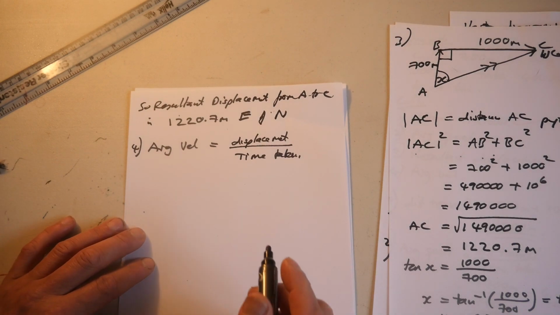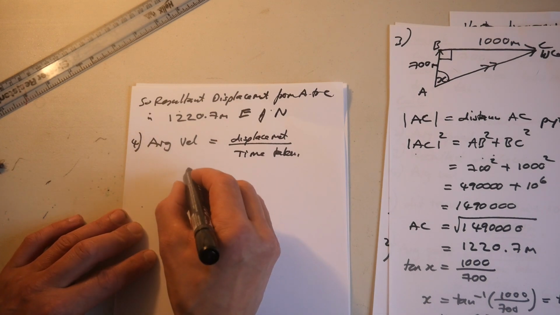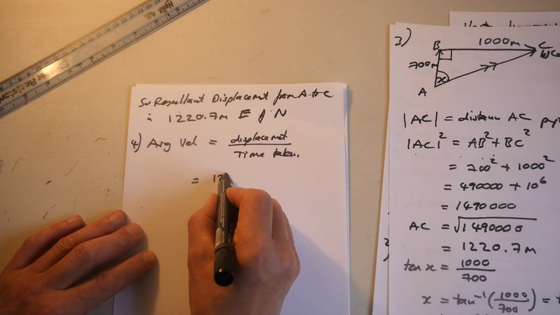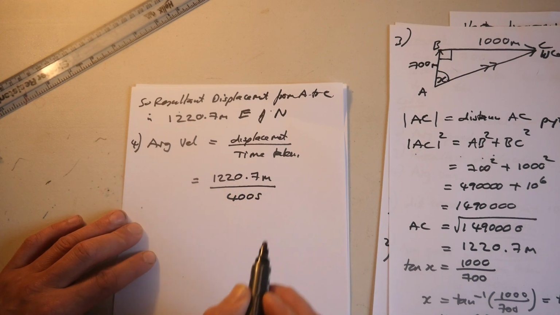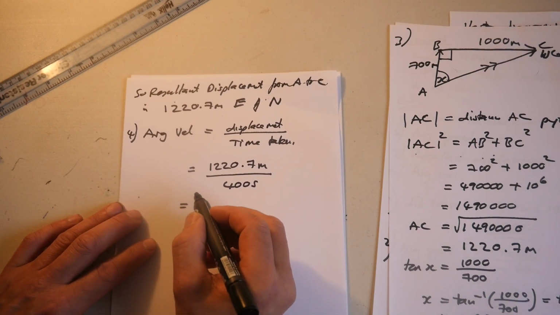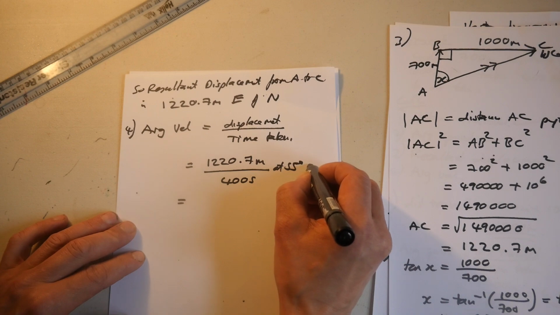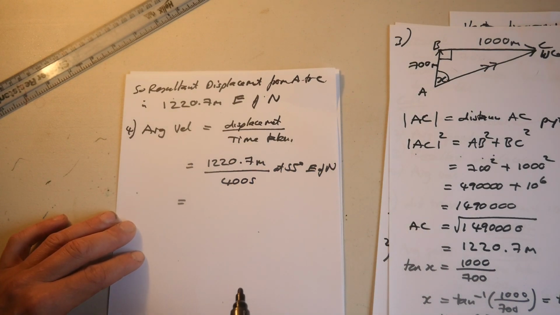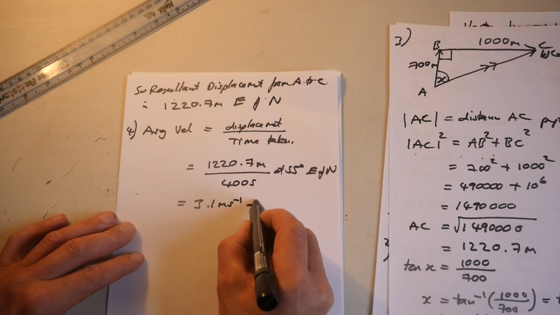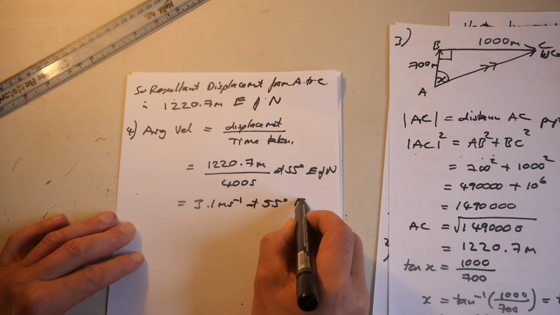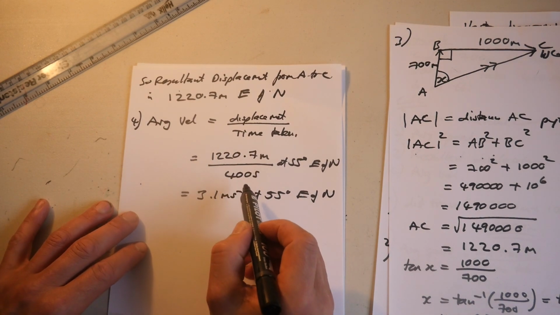So the displacement is 1220.7 meters divided by 400 seconds, at 55 degrees east of north. So that comes out at 3.1 meters per second at 55 degrees east of north. When you put these through the calculator, you get 3.1.